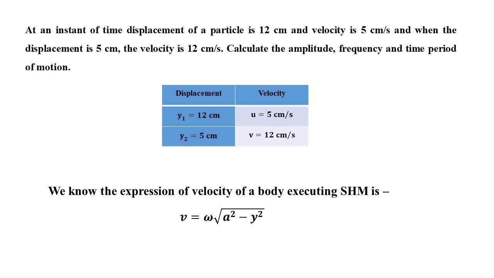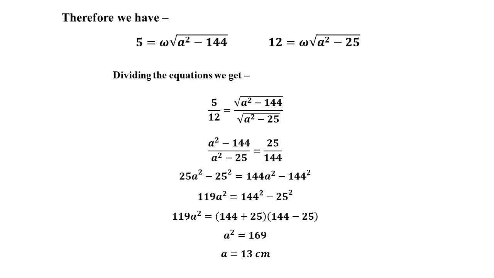Now to solve the problem, we know the expression of velocity of a body executing simple harmonic motion is given by v is equal to omega into root over of (a square minus y square), where a and omega are the amplitude of motion and circular frequency respectively. Here according to the problem, whenever the velocity is 5 centimeter per second, the displacement is 12 centimeter.